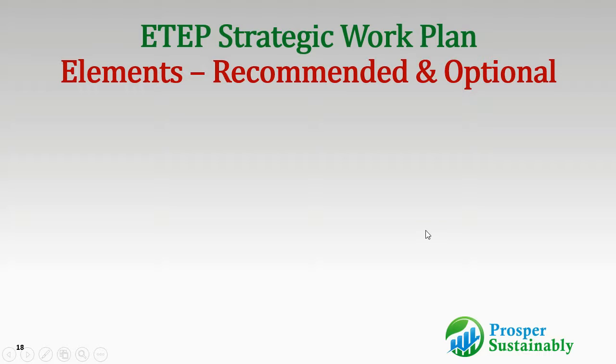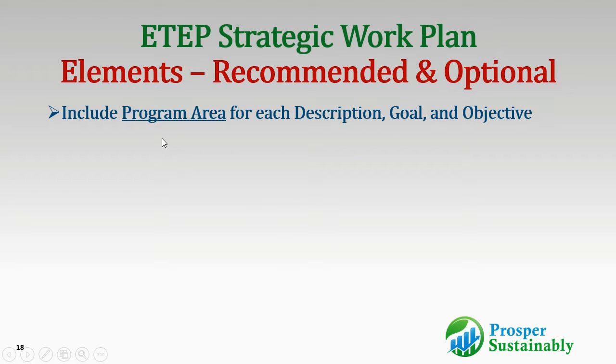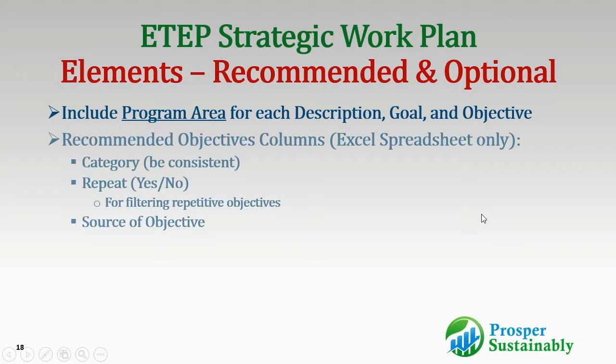So here are some more recommended mandatory elements and then also some optional ones as well. These are not specifically required by the GAP guidance, but I think they're really required to make this plan functional. So I think that you should include the program area for each description, goal, and objective to allow you to properly organize this plan, and you'll see what this means in practice in a moment.